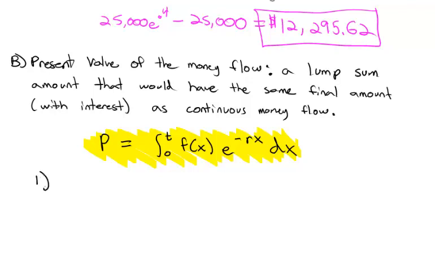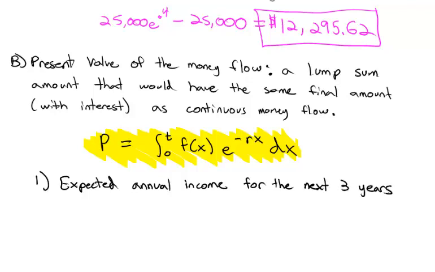So for example, let's say the expected annual income for the next 3 years of widget sales is f of x equals 75,000x.